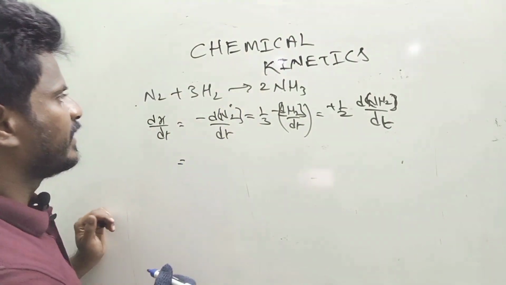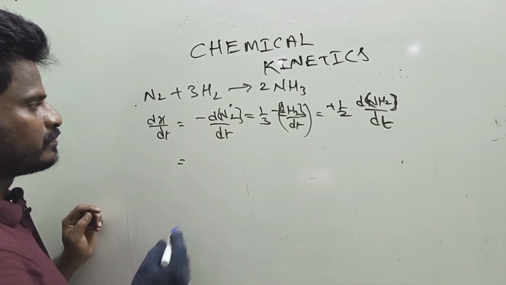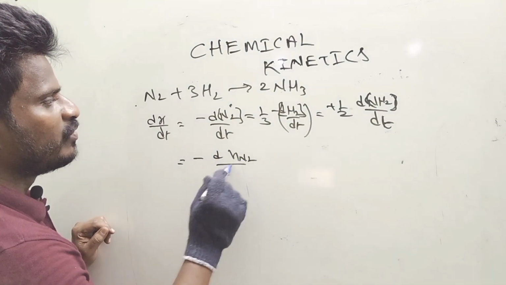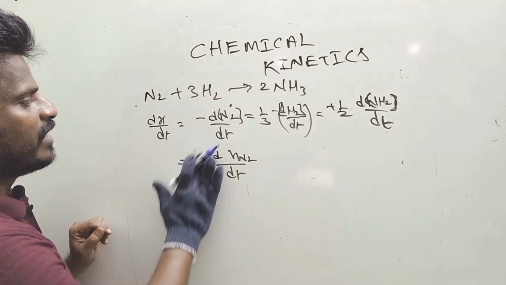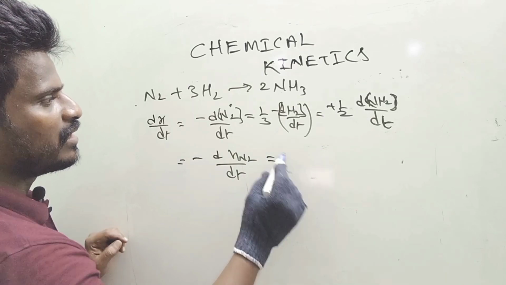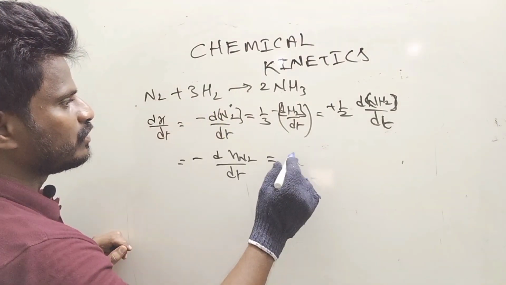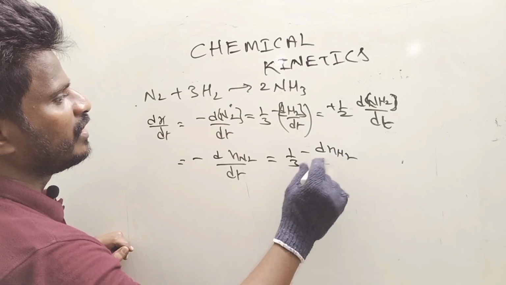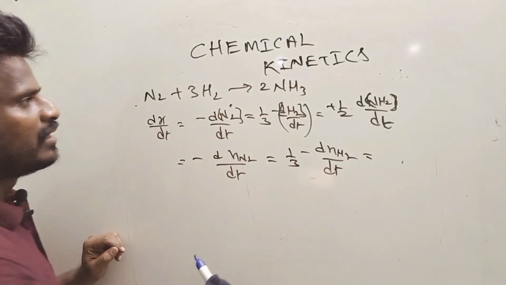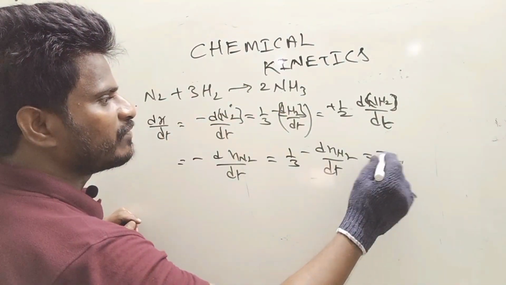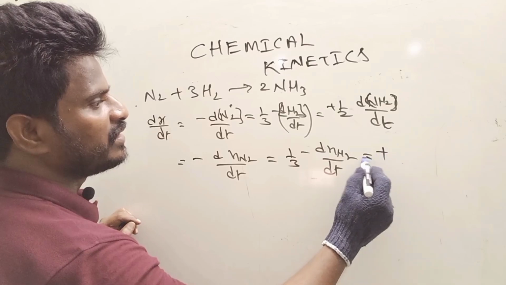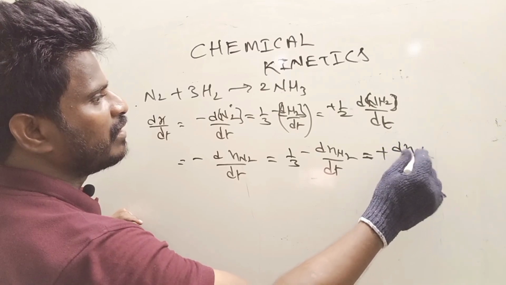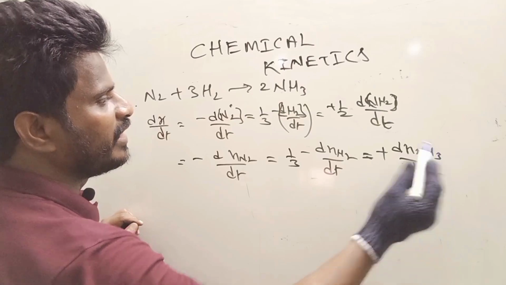And we can write in terms of moles, that is minus d number of moles of N2 by dt. This value is negative for the reactant, and for H2 it is 1 by 3 into minus change in number of moles of H2 by dt. For ammonia, product formation is taking place, that's why its value is positive, and change in number of moles of ammonia by dt.